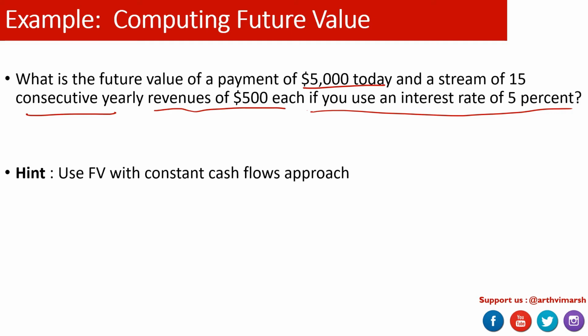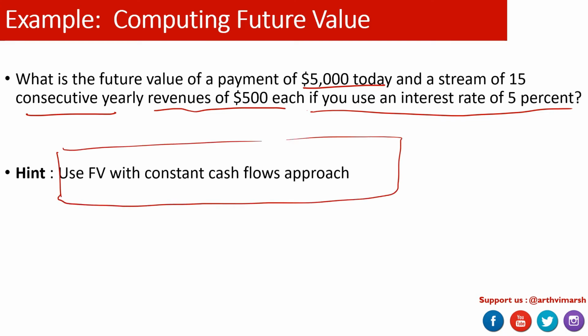We are given this problem and are interested in getting the future value. There is a simple hint to solve it: simply use the future value with constant cash flow approach. I would request you to please pause the video, work out this problem and get the solution.